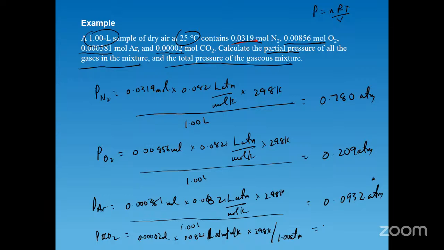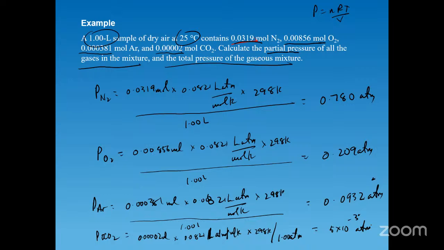And then for the last one, which is carbon dioxide, it's 0.0002 times 0.0821 times 298, and then divide by 1. So this would be a very small number, which is 5 times 10 to the minus 3 atmospheres. Let me do this one again. Maybe I did something wrong. I have a sneaking suspicion that I made a mistake.